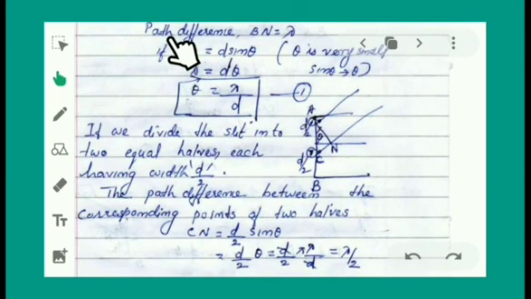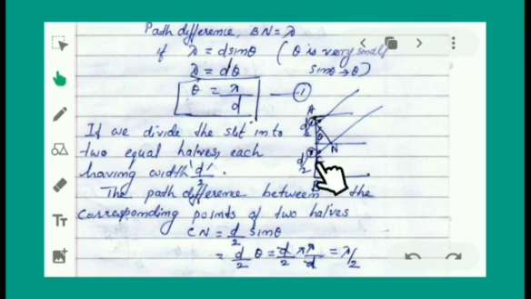If we take the path difference Bn equal to lambda, that is lambda is equal to d sin theta. Theta is very small, so sin theta tends to theta, that is lambda is equal to d into theta. Theta is equal to lambda by d.